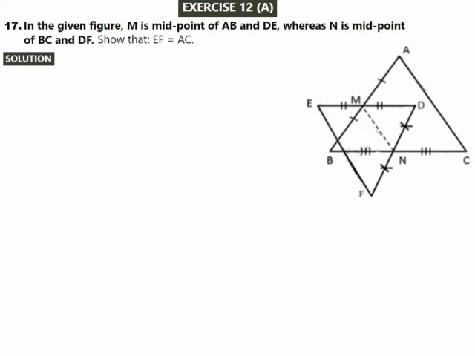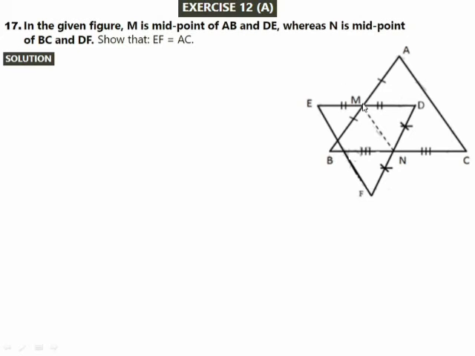Let's have the last question for the day, and with this we close our exercise 12A. Okay, so let's see the solution of question number 17. In the given figure, so this is the given figure, M is the midpoint of AB and DE.